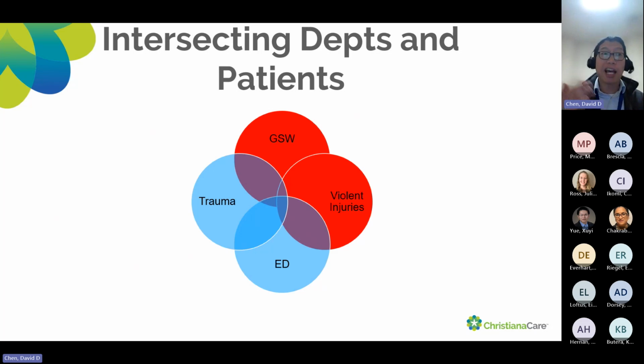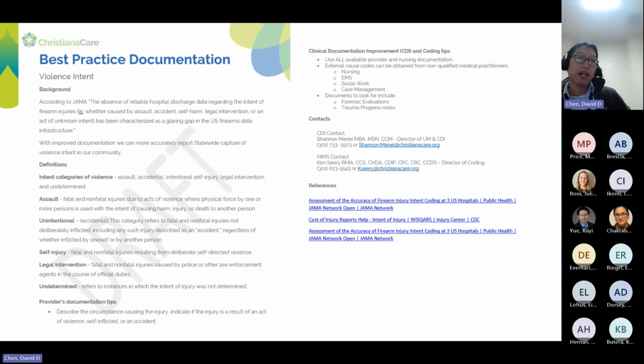But then we can also ask, how do we do coding education and guidance, and who should we focus on? Our coding and documentation team has been really supportive of this and came up with internal guidance to say, here is how we should begin classifying things.